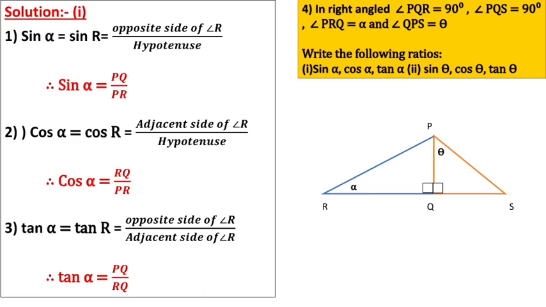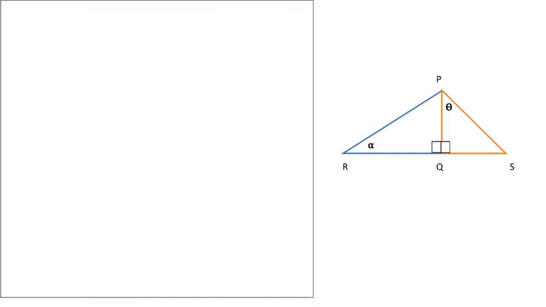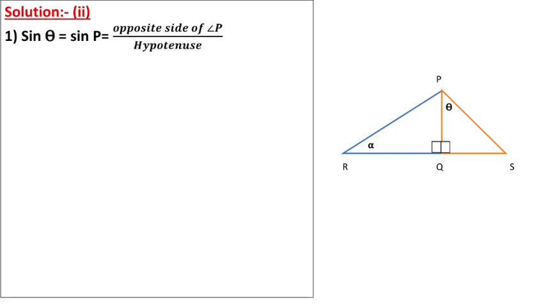The second set of ratios given is sin theta, cos theta and tan theta. Right? Children, theta value is given in triangle PQS. Now which triangle will we see now? The red one. Now the first ratio we have to find is sin theta.